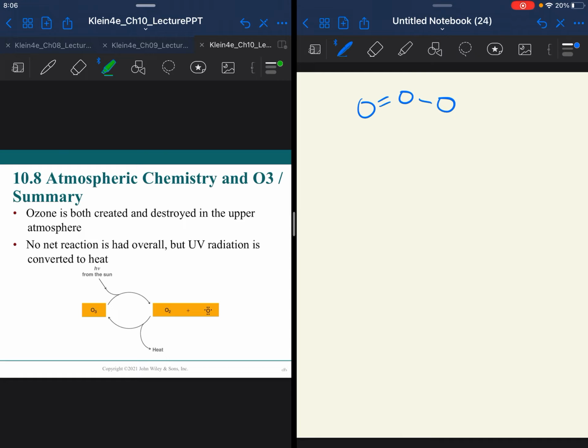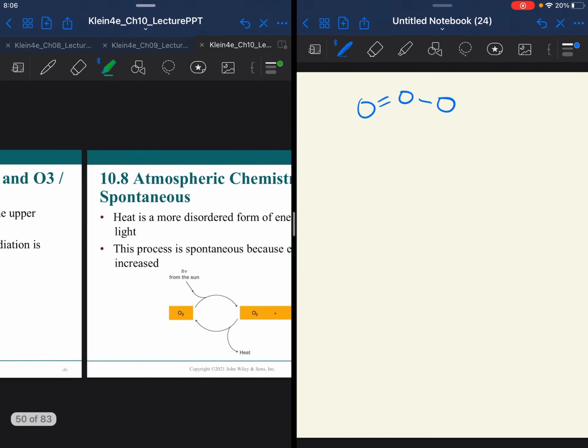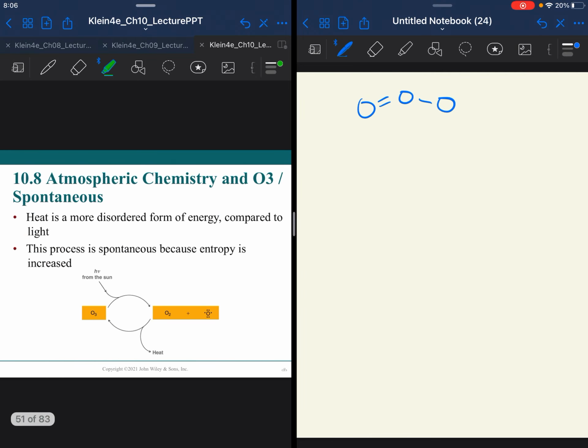So harmful UV radiation from the sun is converted into heat. And so if we didn't have the ozone layer, the amount of UV radiation coming into our planet from the sun would kill us. And so having that O3 there is really important.